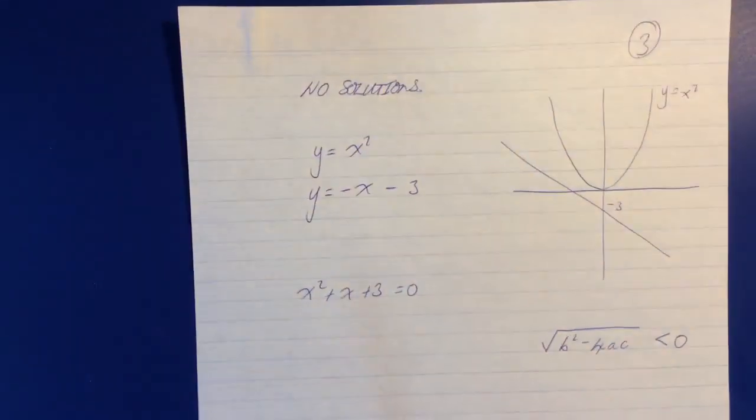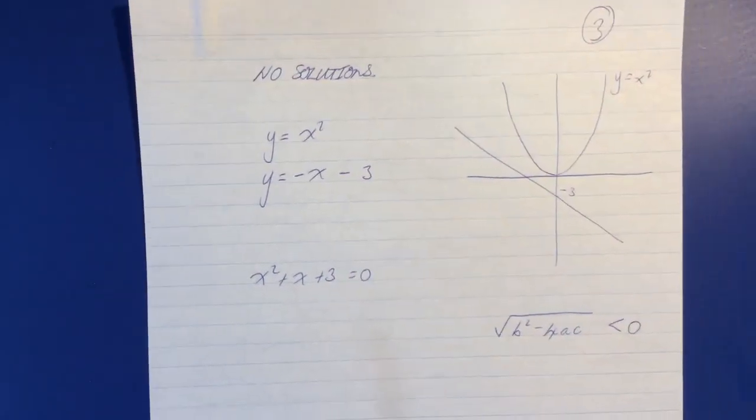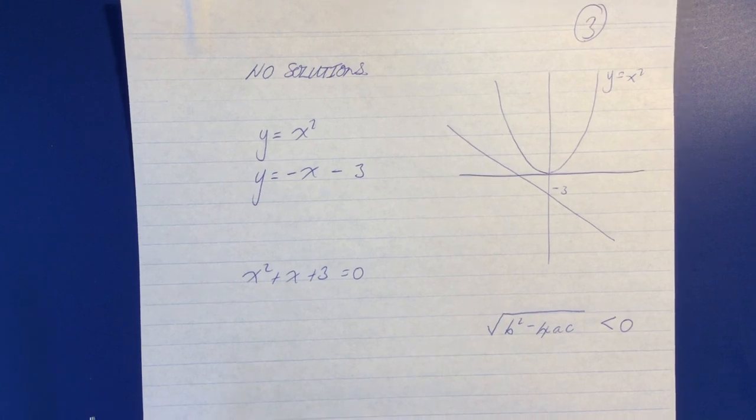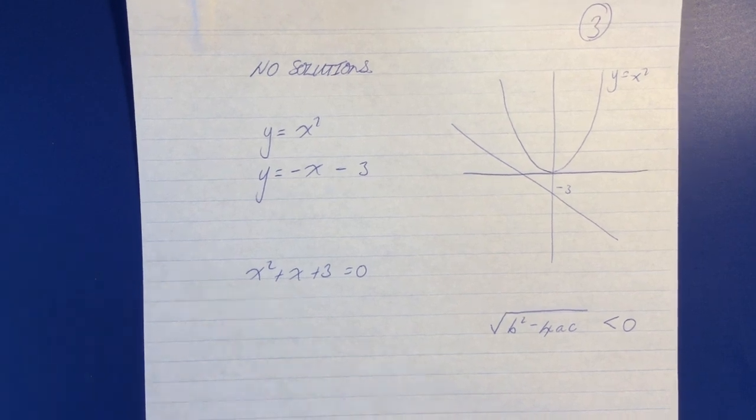Okay, right. Well, there's one more thing to look at, and this is pretty short and sweet. We can deal with this really quickly. This is where there are no solutions, where these two things don't intersect.